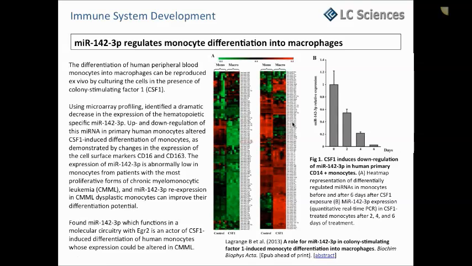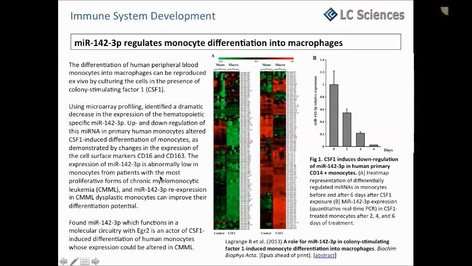And they've also done the experiment where they reinstated expression of microRNA 142-3P, and they were able to show that this will then reinstate the differentiation of these cells. So the downregulated version is what you see here.